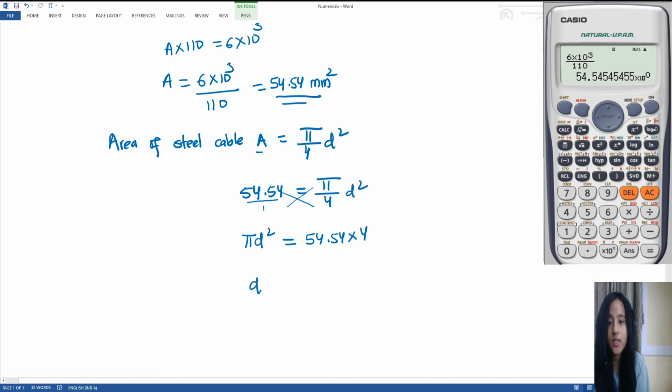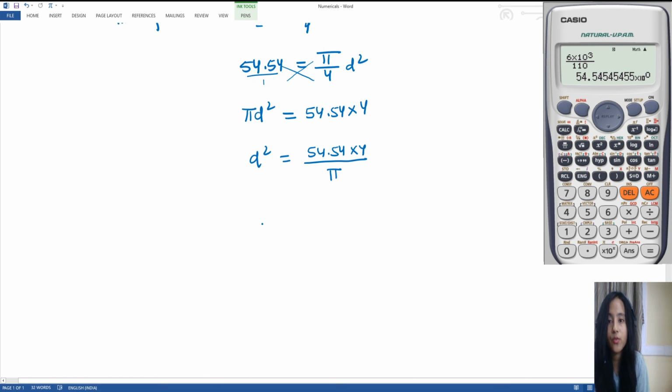Keeping d square on one side, d square equals 54.54 into 4 divided by pi. Now I want to remove the square, so once I remove the square, the root will come over here.